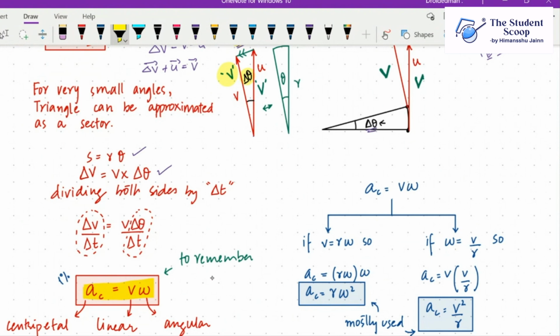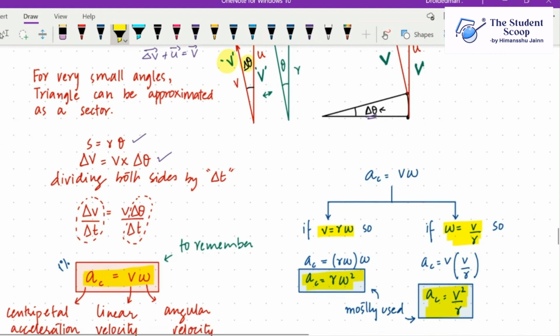So this is the outcome of this, but the most commonly used: we know that v is equal to r omega, so we can replace v and we will get centripetal acceleration equal to r omega square, and if we replace omega as well, we will get centripetal acceleration as v square by r.